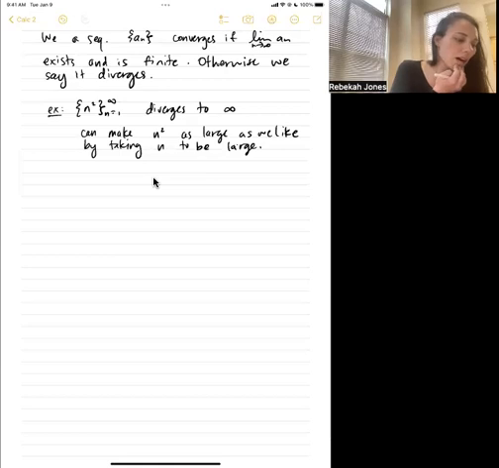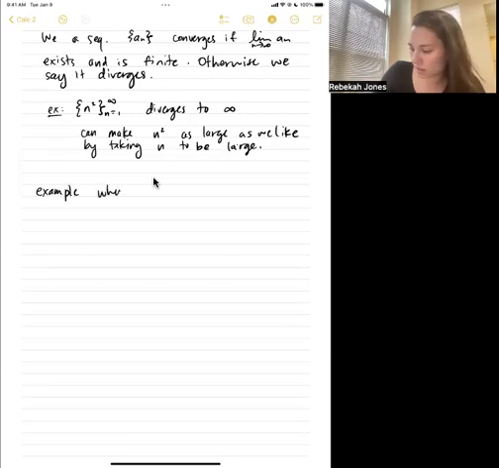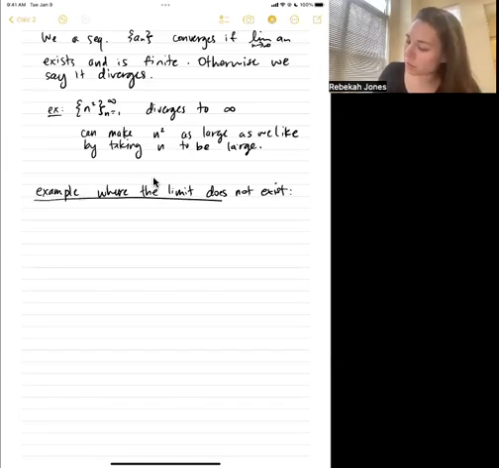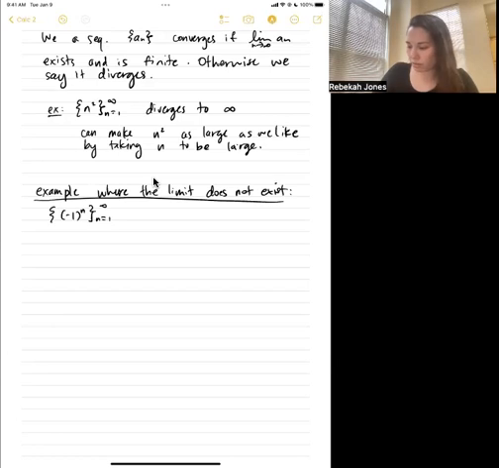Okay. Here is an example where the limit does not exist for a sequence. And this is a pretty important example. So hopefully you will understand why this limit does not exist. Okay, so we have this sequence. We'll start from 1, going to infinity.